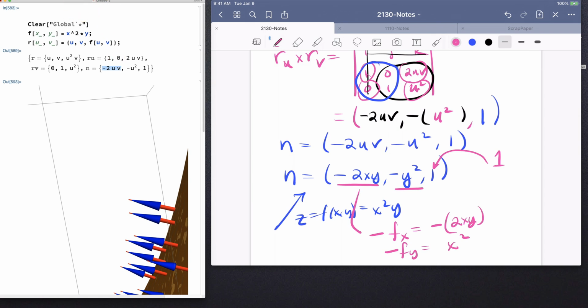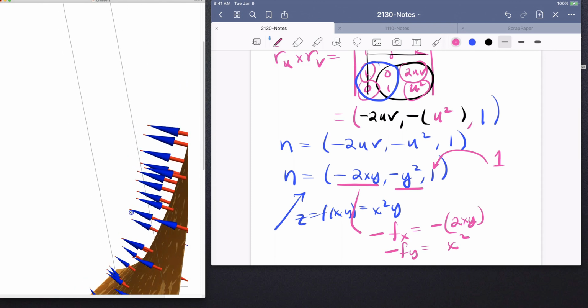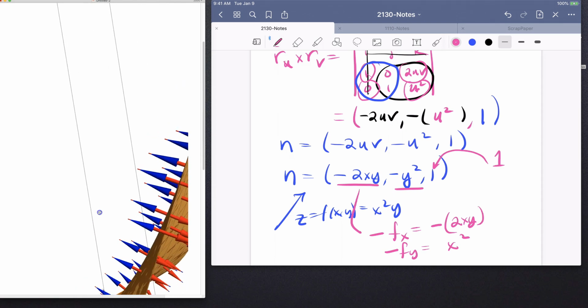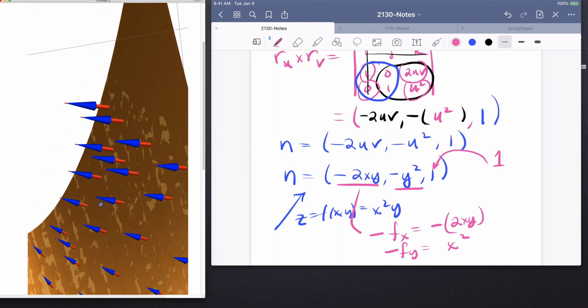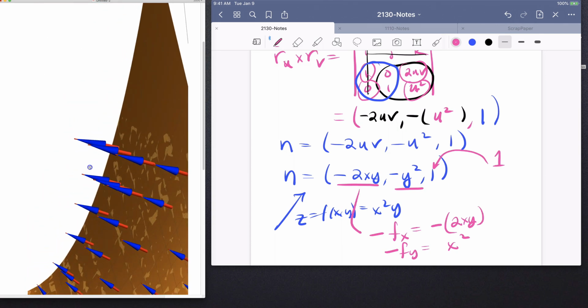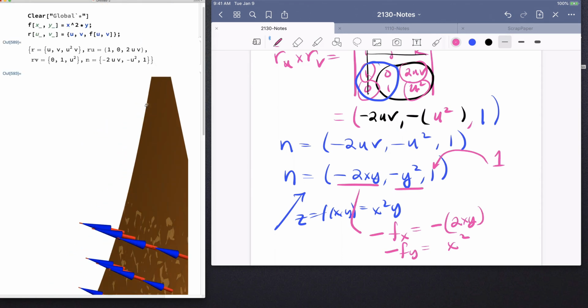So that ends the computations behind the normal vector to a Monge parametrized surface, and these normal vectors are essentially telling us the direction of the surface, which will be fundamentally important for computing surface integrals.